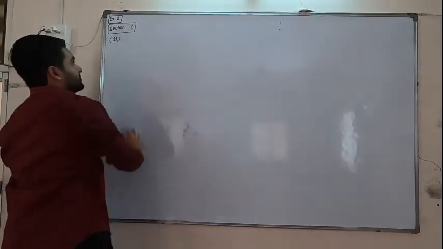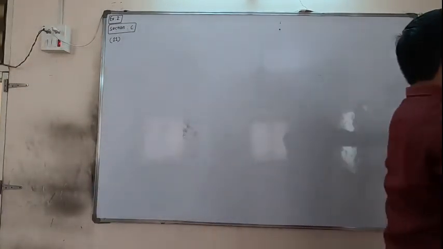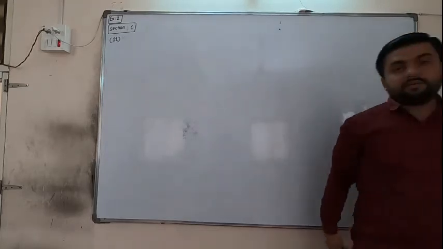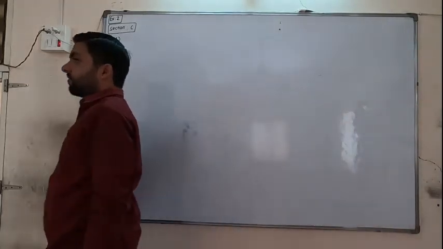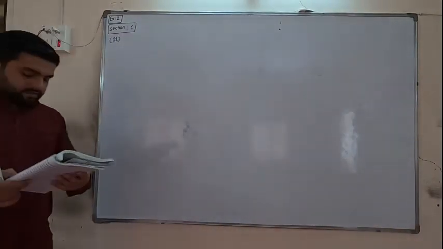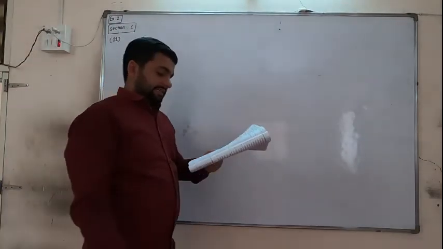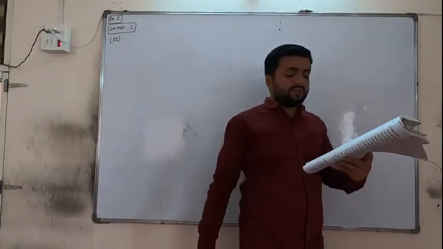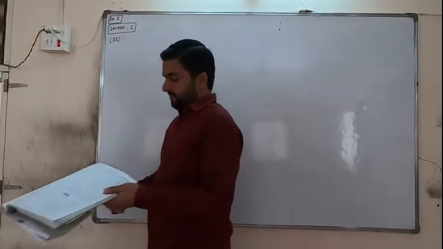Now we have section C, 11th one. We will complete section C, then we will see more. Okay. Find the value of R. Covariance xy 120, Sx 12, Sy 15.